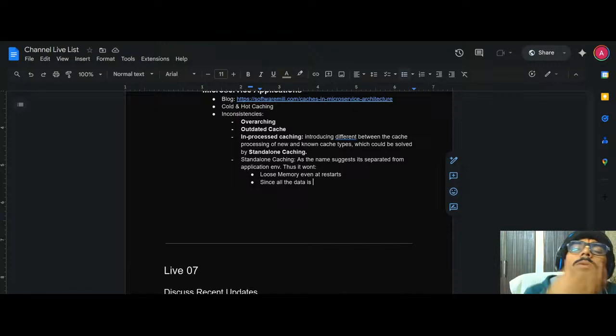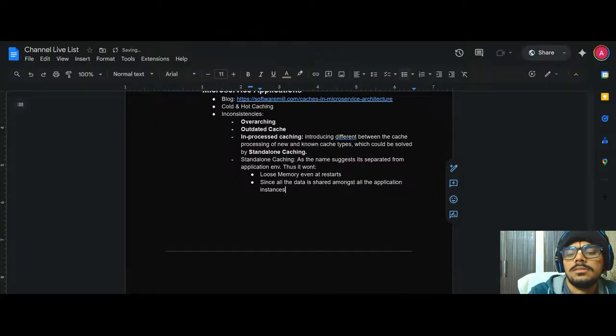So in the case of standalone caching, all the data usually reaches each and every application instance that has been stored in our environment. So we don't have to worry about which kind of algorithm to adopt in our environments in order to send our packets, or this whole data, to the right node where our requested service is actually hosted. It is shared amongst all the application instances.